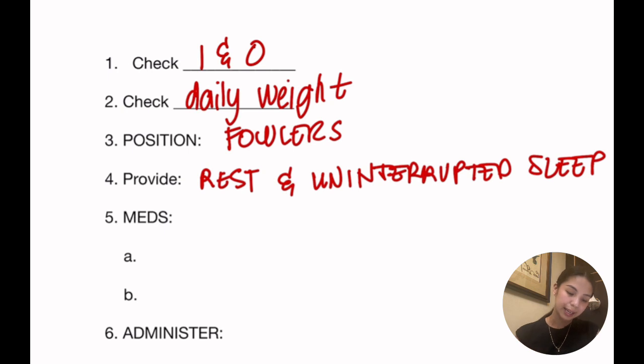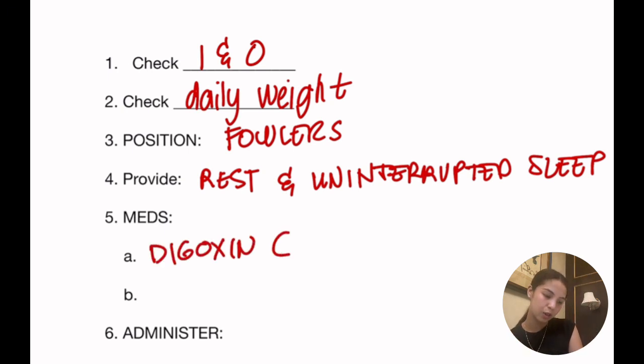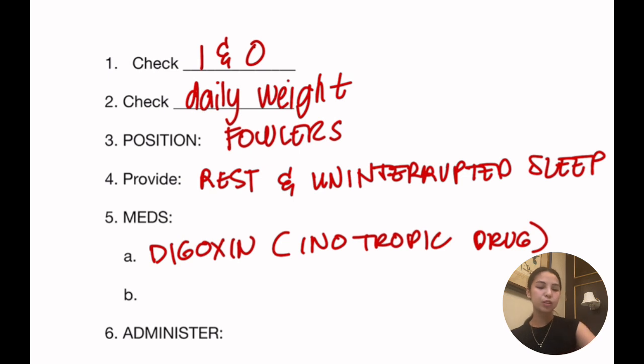Okay, and for medications, we have what you call digoxin, which is an inotropic drug. All right. So there are two types of cardio drugs. The first is inotropic drugs and the second is chronotropic drugs.